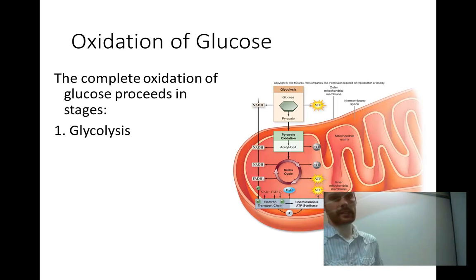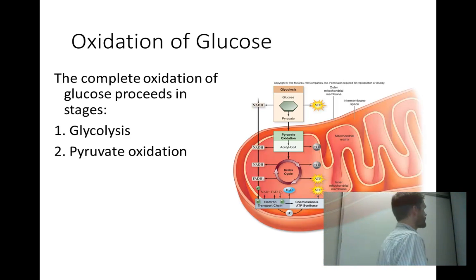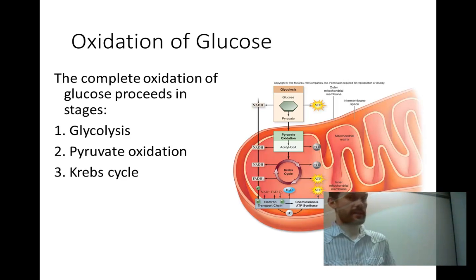We're oxidizing glucose. First thing we're going to do is cut glucose and make it into pyruvate molecules. Then we're going to oxidize pyruvate. We're going to take those oxidized pyruvate molecules and send them through a series of chemical reactions called the Krebs cycle or the citric acid cycle.